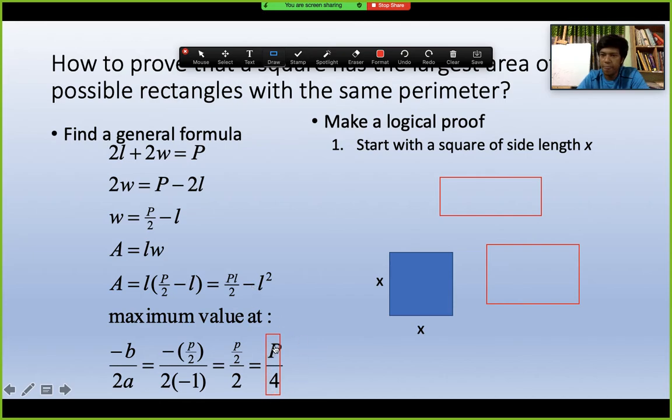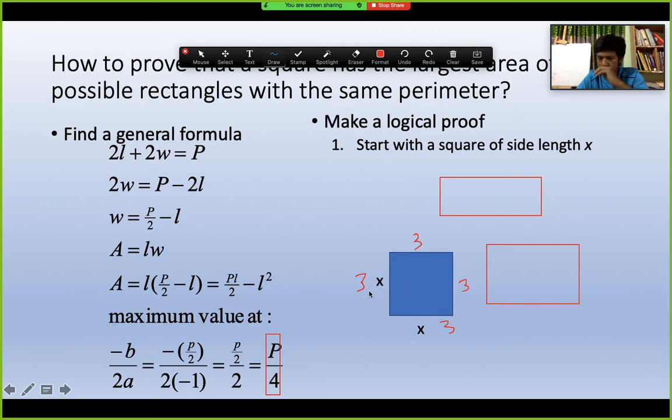If the perimeter is, let's say, 12, divided by 4 means 3. Let's say this is 3 and 3. So this is 3 and this is also 3. This is also 3.